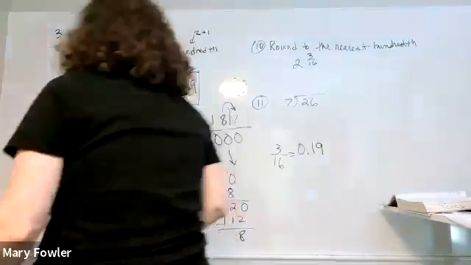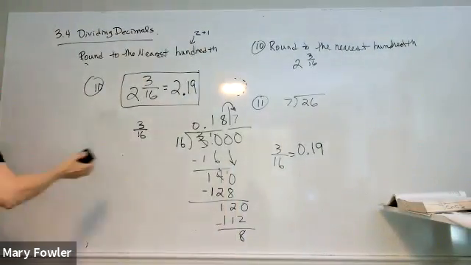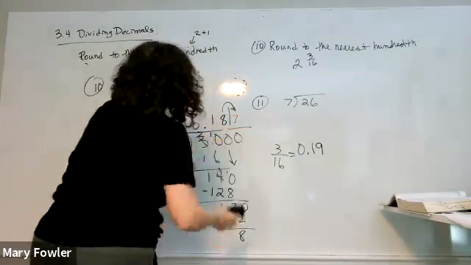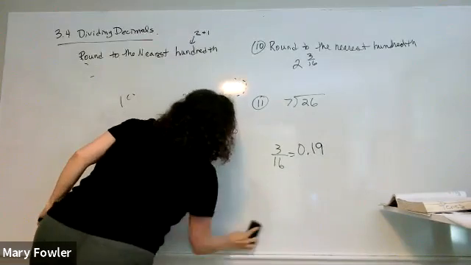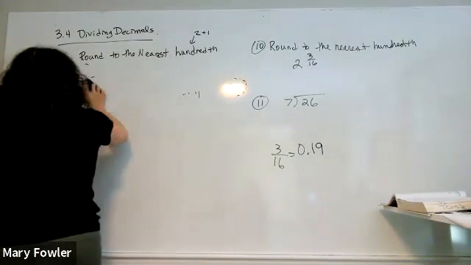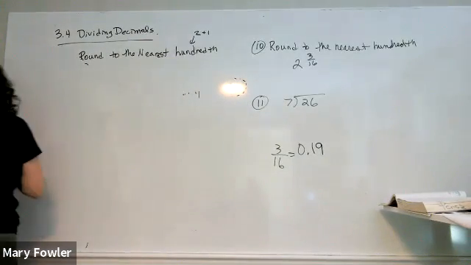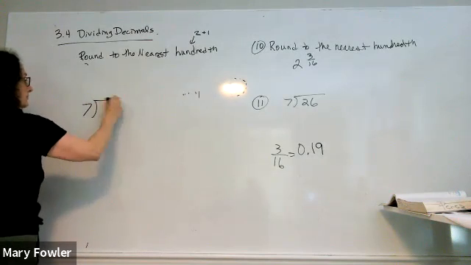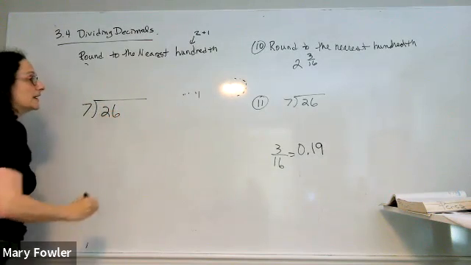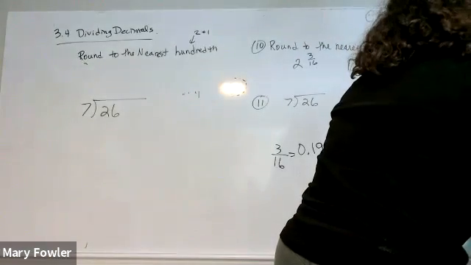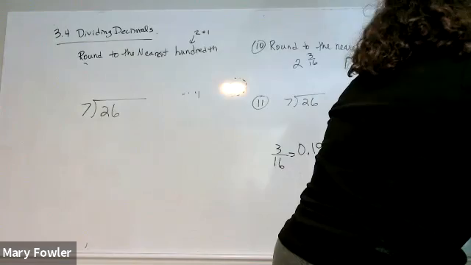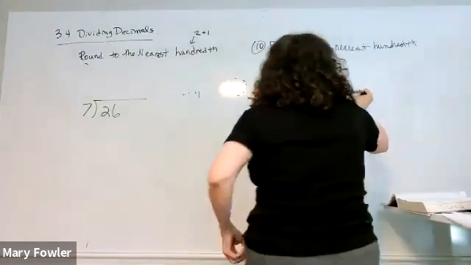And we're going to look at the next problem, 7 into 26. And let's check the decimal point, that accuracy we need. 7 into 26 expressed to the nearest tenth.